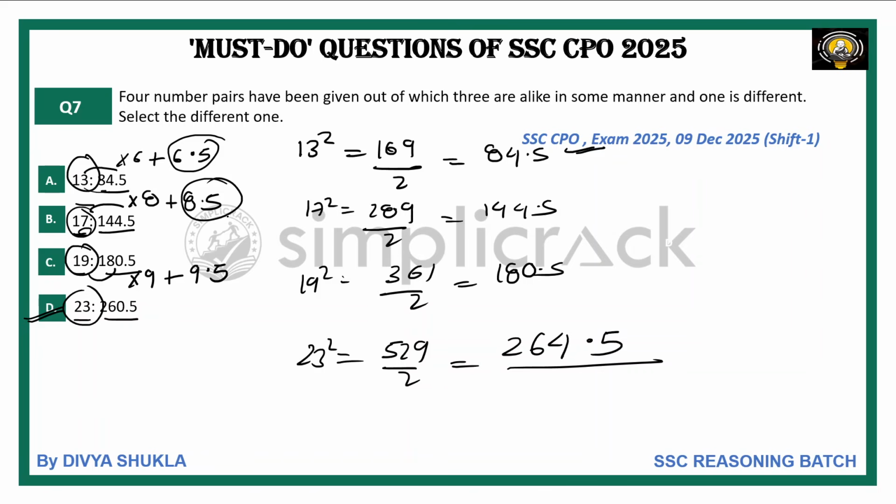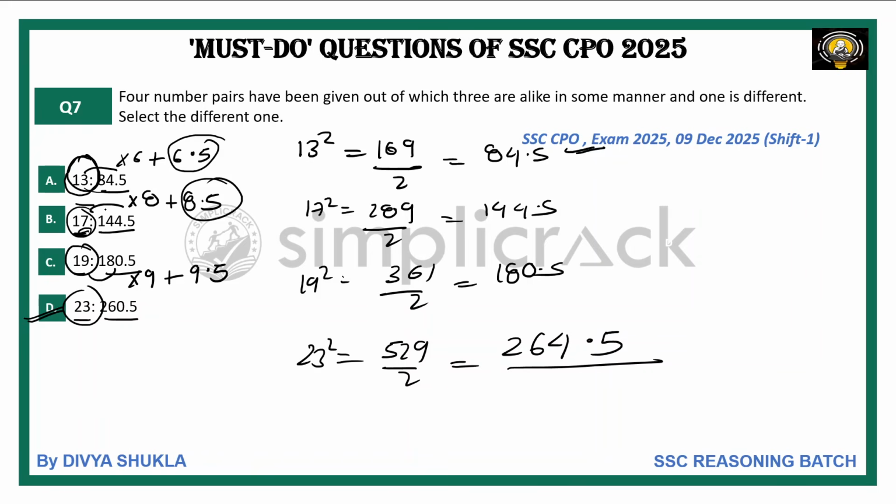Also, what we can think of, just a second, you can think of one more logic here which I just thought of: you are multiplying this number by approximately half of this number.